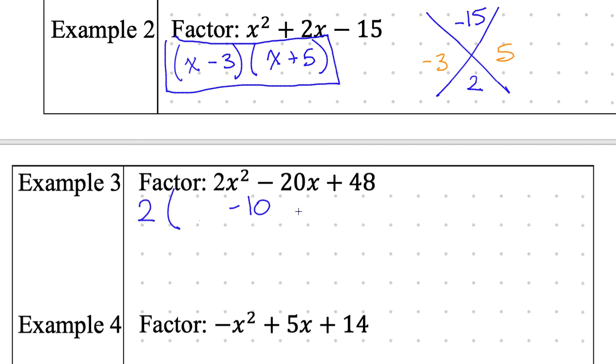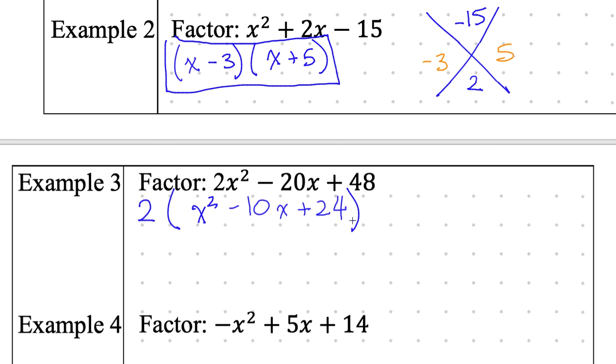Negative 10. 24? What about that first term? X squared. There it is. All right. Jose and Cohen have factored out the greatest common factor.